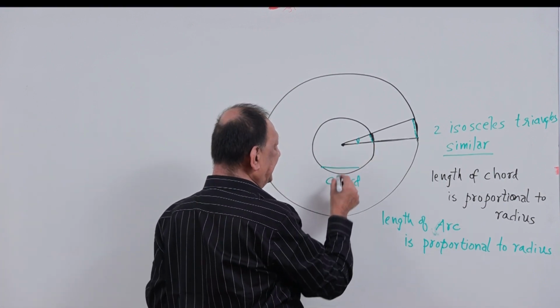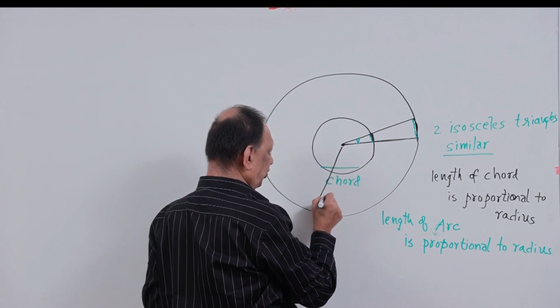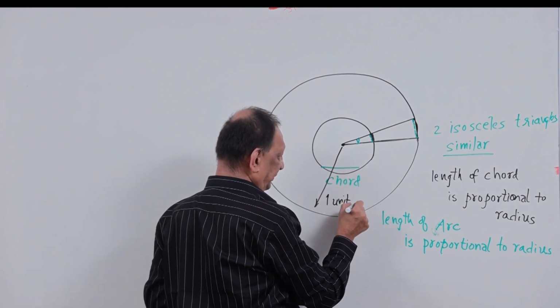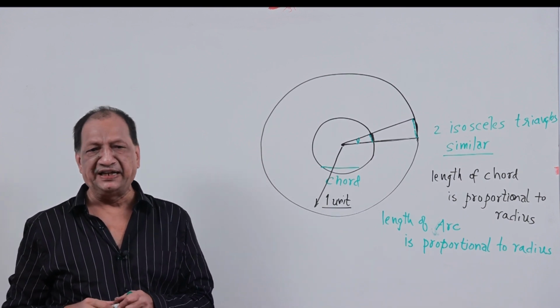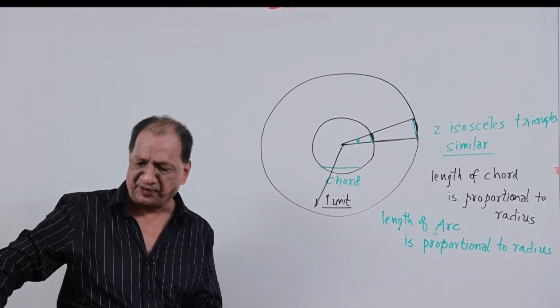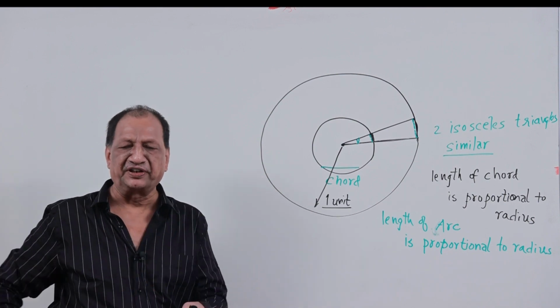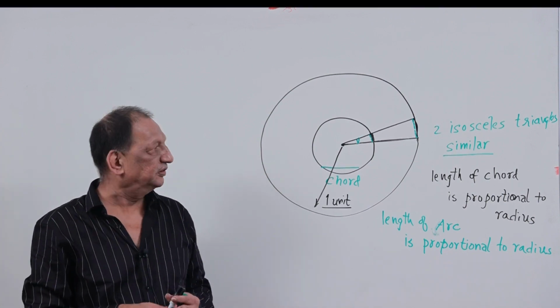If I take the radius of a circle as 1 unit, length of the arc itself is treated as the angle. And they found by actual measurement, walk in a circle and measure the perimeter of the circle versus the radius.